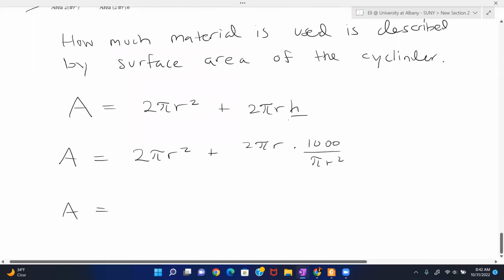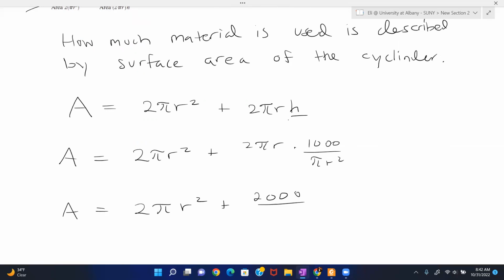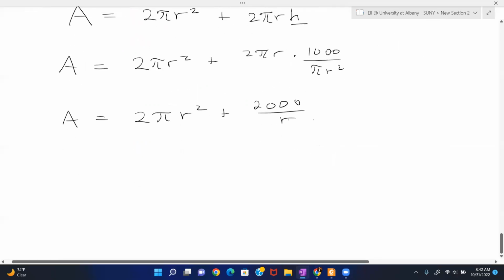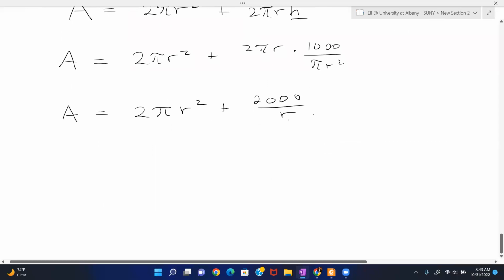Simplify this. The pi's cancel, and then a factor of r cancels, so 2,000 over r. So this is the function we want to minimize.